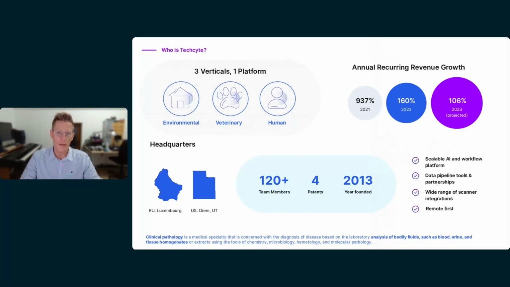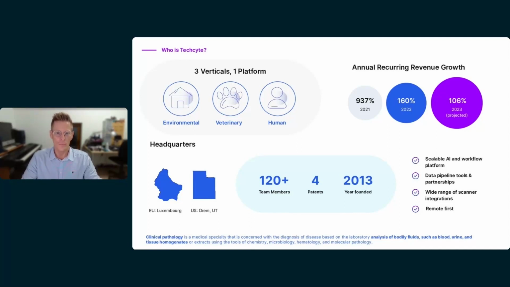The first being environmental, where we use our same technology, the same image analysis frameworks, to serve the home inspector market for mold testing, because the way that they test is done on microscopes today. The second vertical that we service is the veterinarian field, and I will talk about that in just a moment. Don't want to give too much away just now, but our third and main vertical is the human.